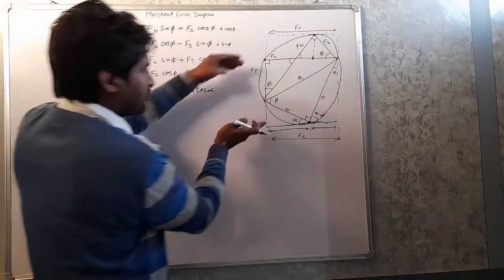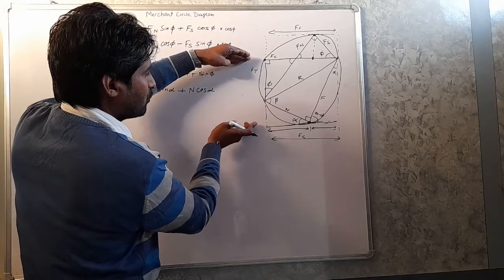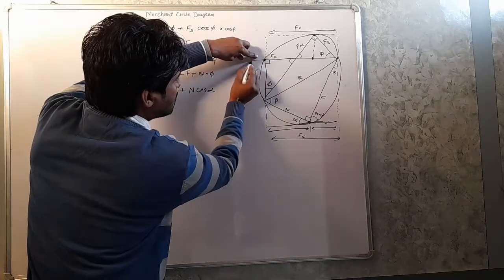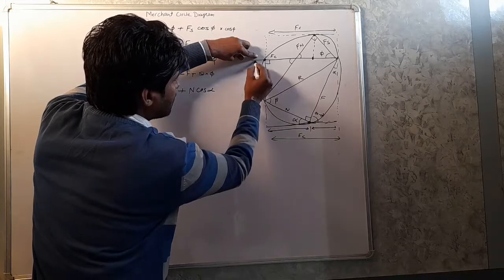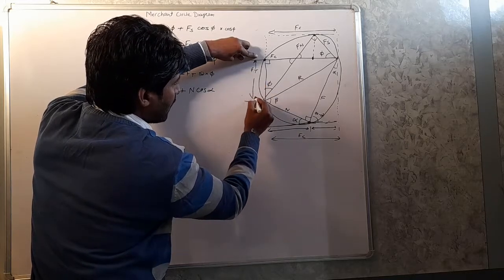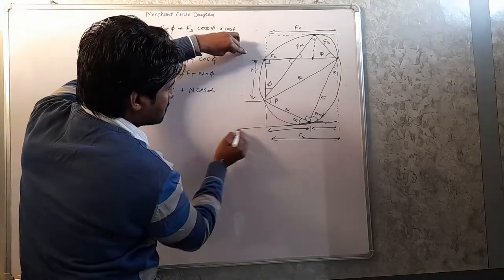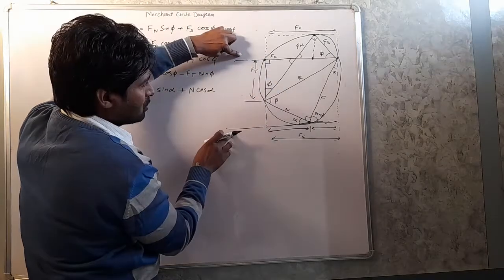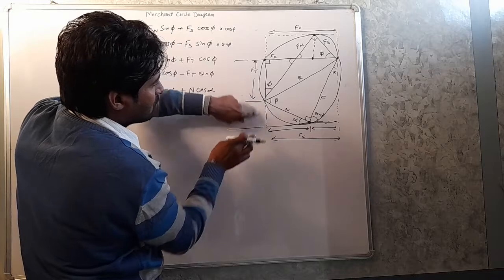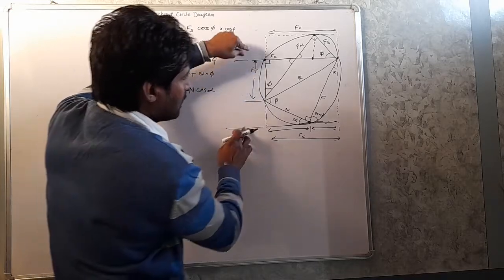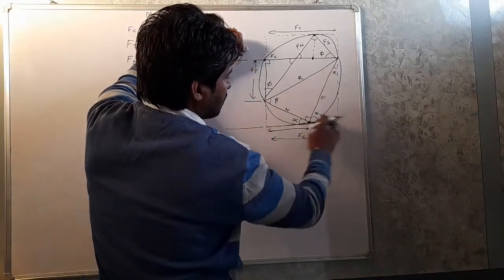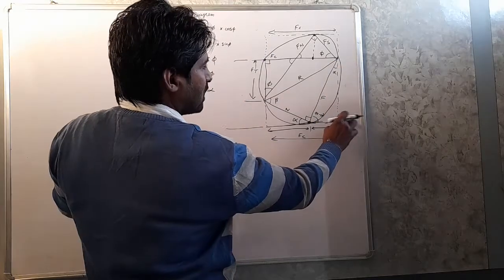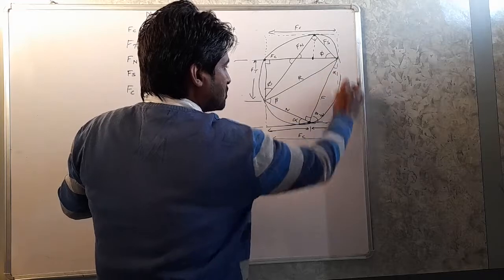Similarly, for Ft we will find the value. This length is Ft, and so we can calculate this total length minus this length, and this will give the value of Ft. Total length is, in term of F, F cos alpha.